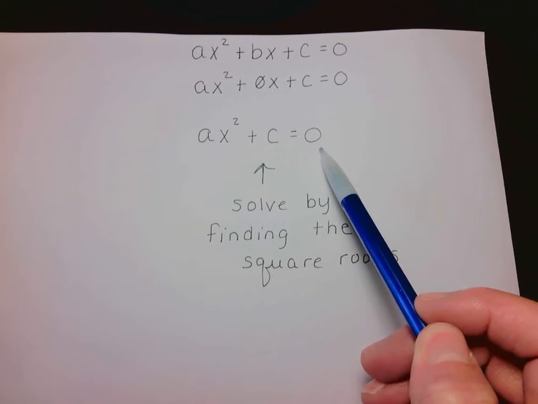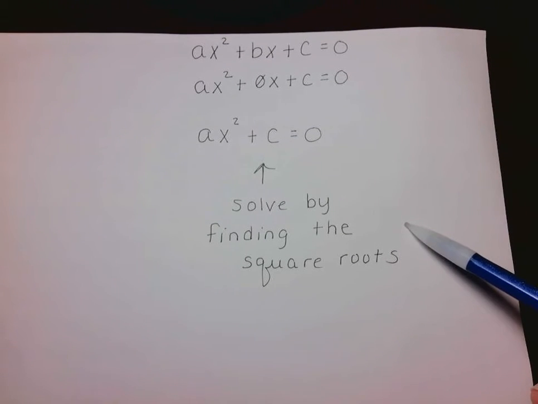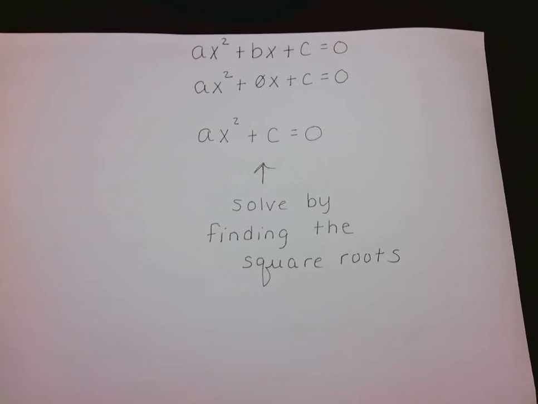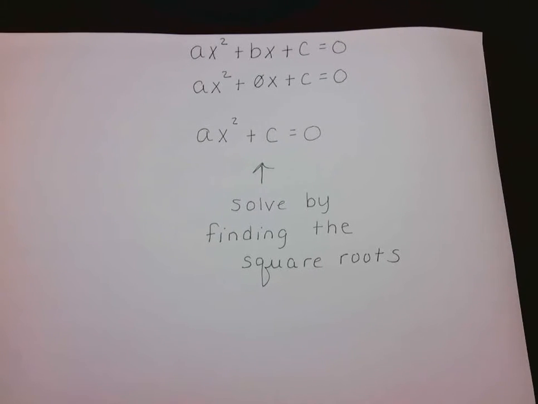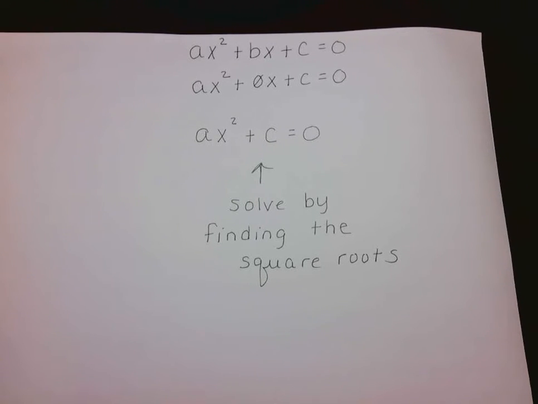And when you have an equation that looks like this, the best way to solve is by finding the square roots. But now we're going to talk about how you solve when b is not 0. What do you do when you do have that middle term?